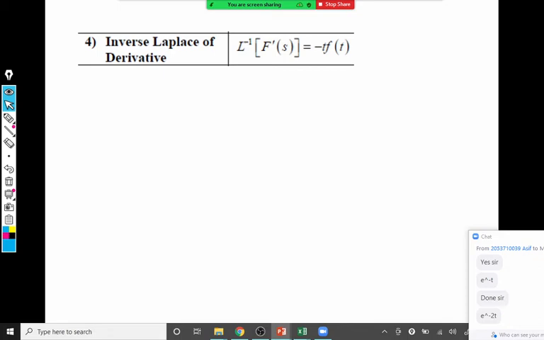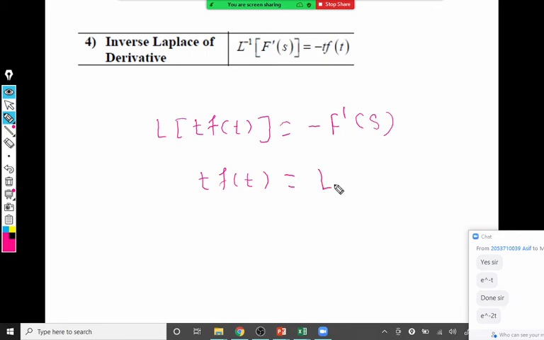And here, one last property we will require, which is the inverse Laplace of derivative. Now, this is not a new property of Laplace. We already saw the Laplace of multiplication by t. The multiplication by t property says minus F dash s. Correct. So now we take L inverse on both sides. We get t into f of t is equal to L inverse of minus F dash.